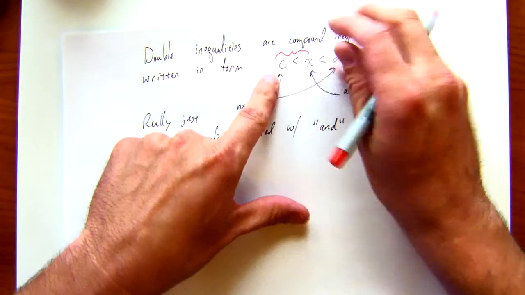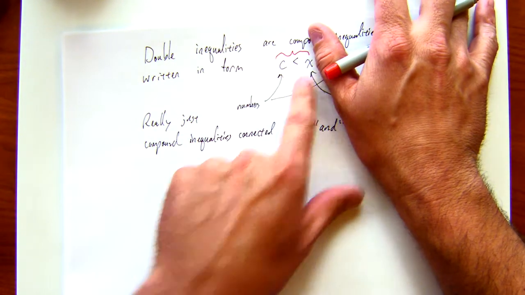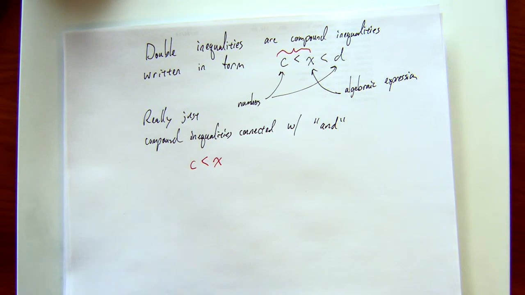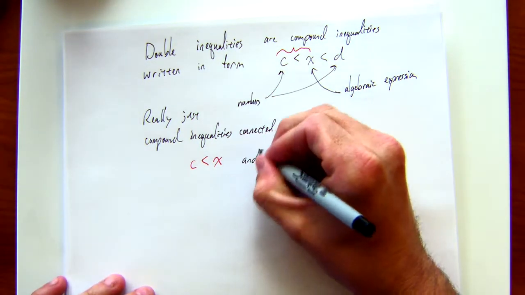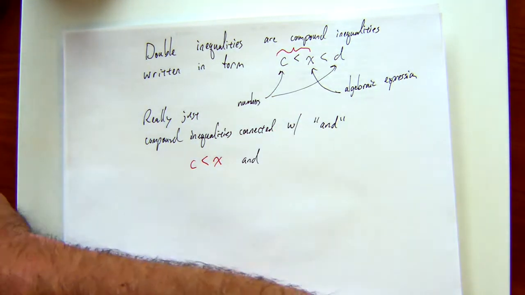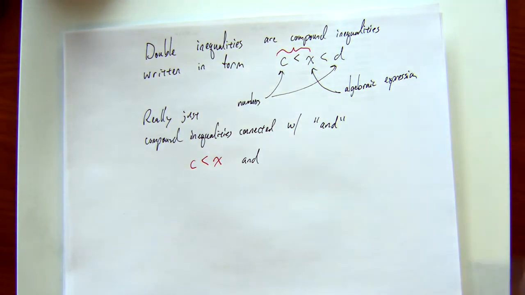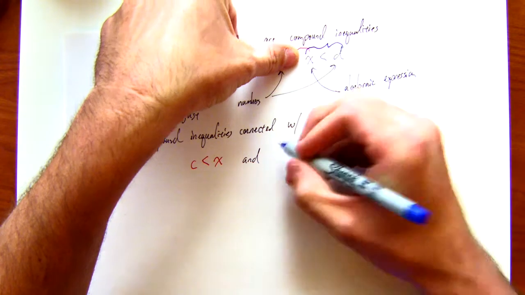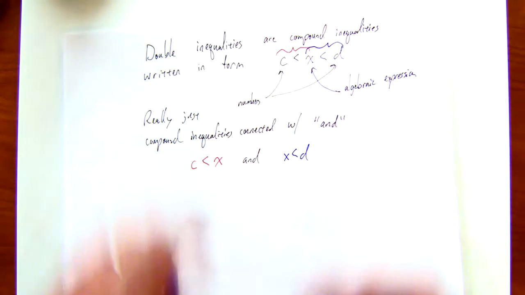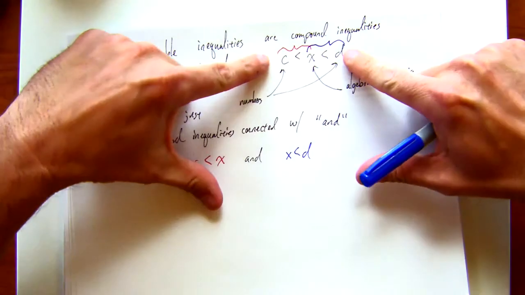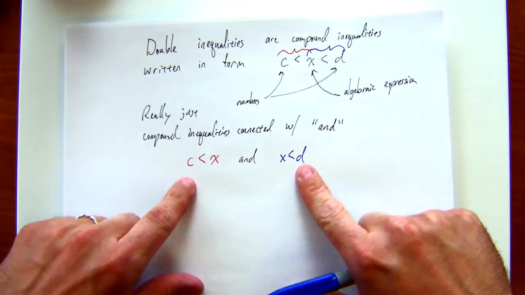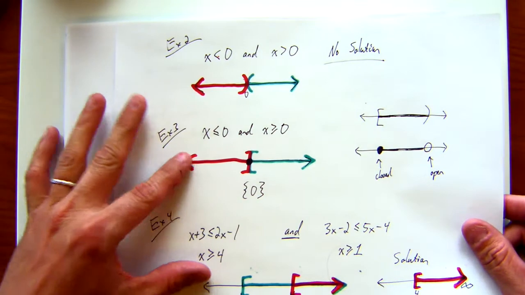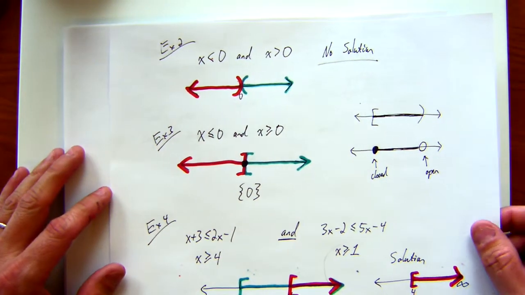It's really the first one: you just cover up that one, and you have C is less than X. And what's the other one? If you cover up the C, you have X is less than D. Okay, so you want to take a double inequality and split it up into two different ones, and then you can solve it just like we did before.